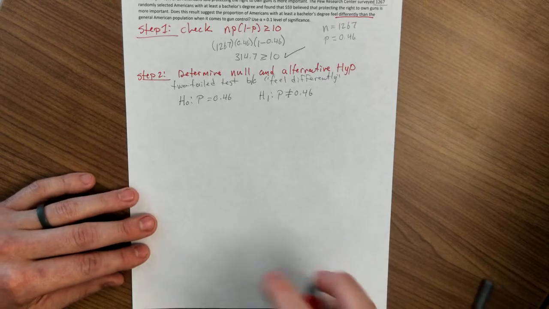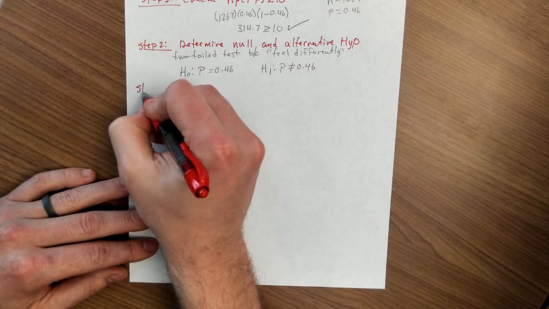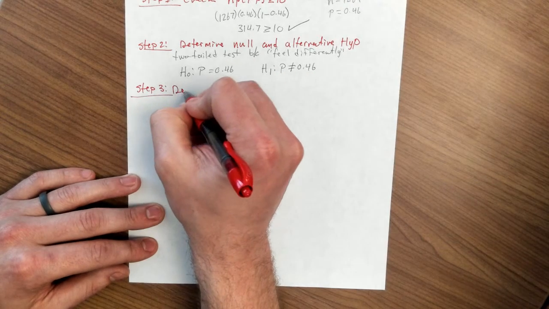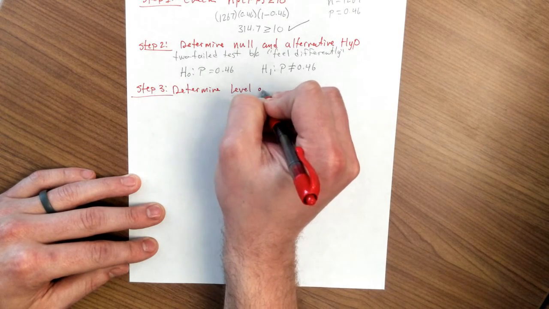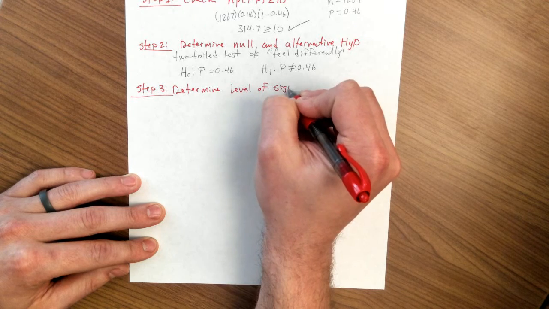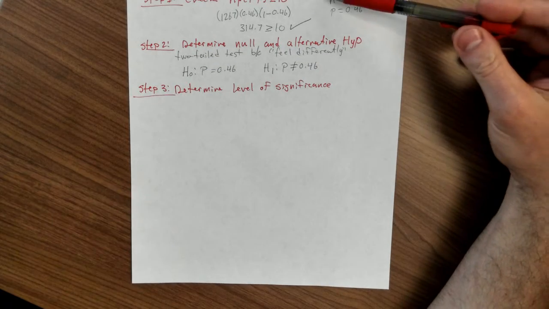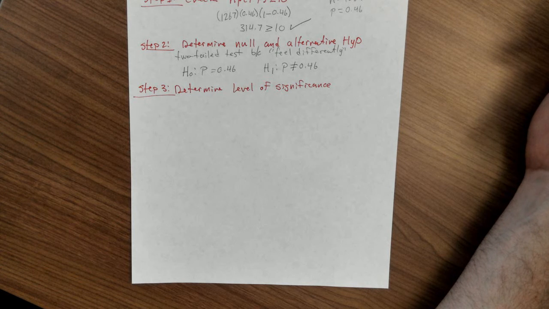Step 3. Determine level of significance. Alright, yes, it tells you the level of significance up here, but alpha equal 0.1, we still need to determine what our z alpha or z alpha over 2 is.